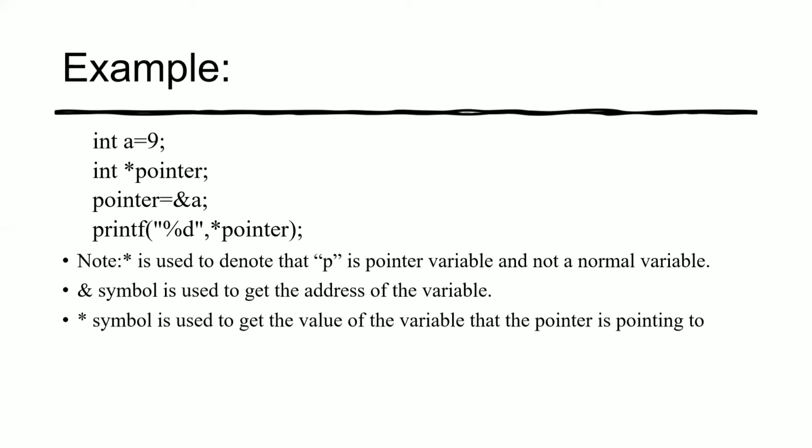Ampersand is used to get the address, whereas star is used to access the value. If we print the pointer value, then the address will be printed. If we print *pointer, then the value will be printed. So star is used to denote that p is a pointer variable and not a normal variable, & is used to get the address of a variable, whereas star is used to get the value of the variable that the pointer is pointing to.